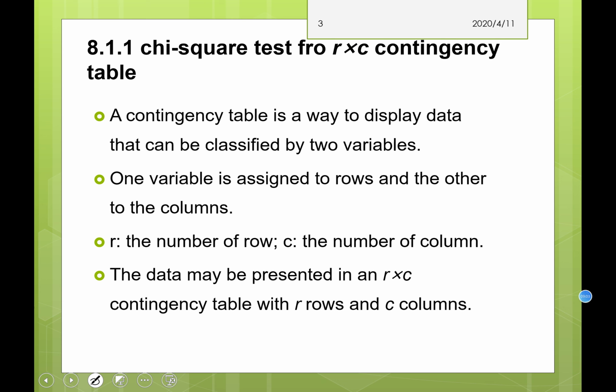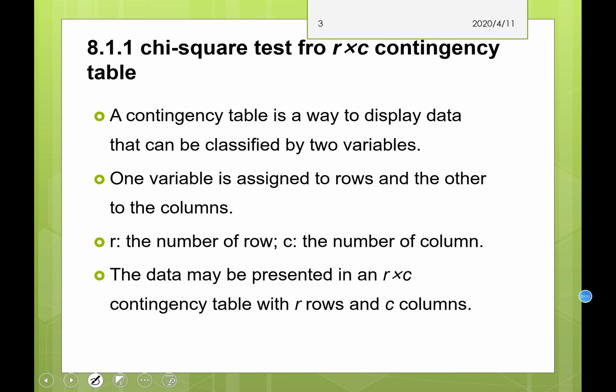In general, we denote the number of row classifications by R and the number of column classifications by C. So the data may be presented in an R times C contingency table with R rows and C columns.